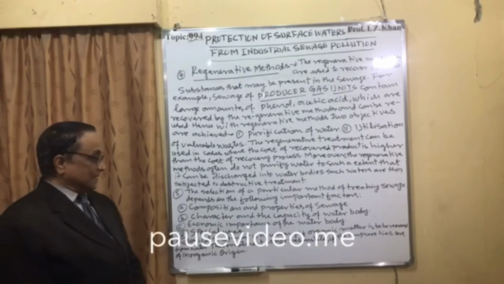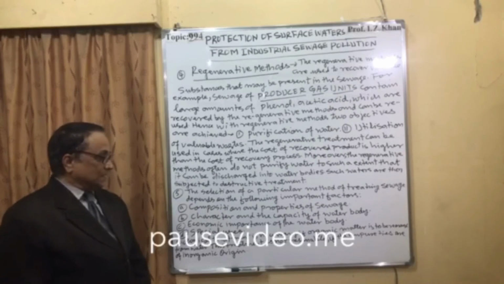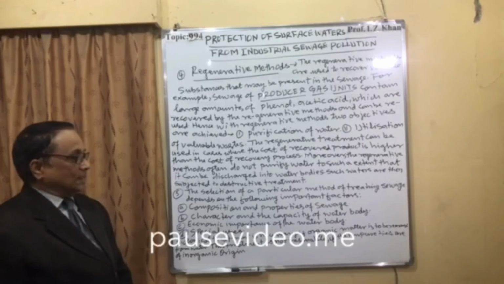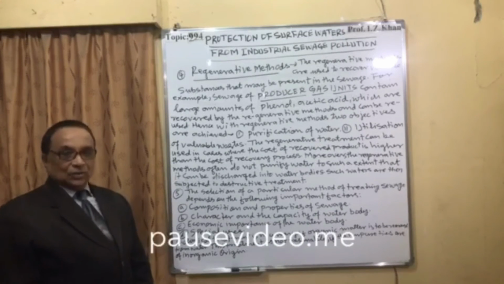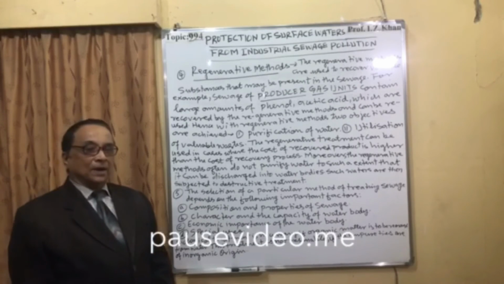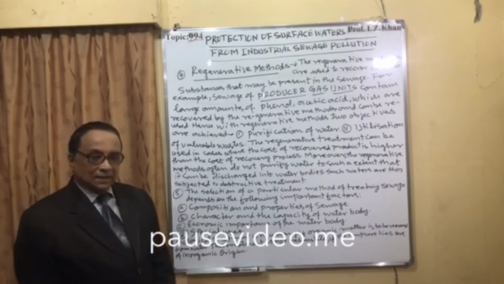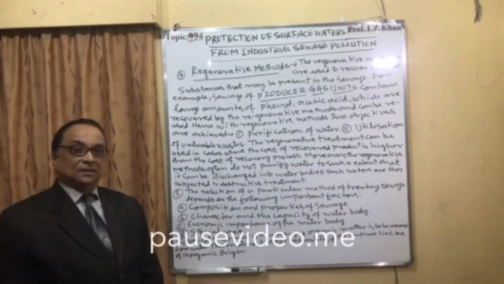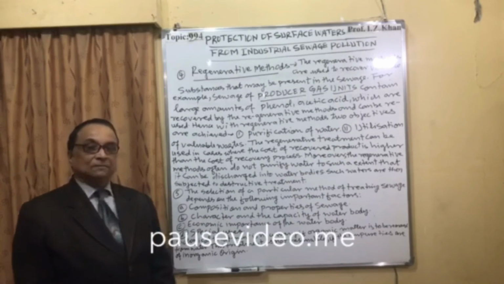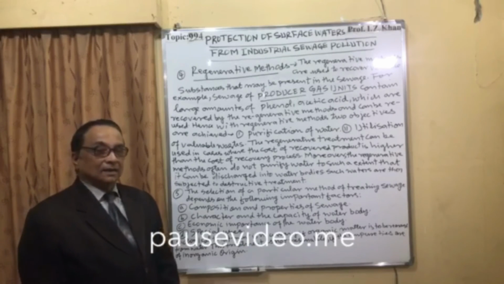Biological treatment is necessary if organic matter is to be removed from water. This treatment is not reasonable if the impurities are of inorganic origin. Actually, I have already told you in the beginning that two types of impurities are there, mostly either organic or inorganic. The organic impurities can be treated with a biological process with different types of microorganisms, that is bacteriology, but that will not affect the inorganic impurities.